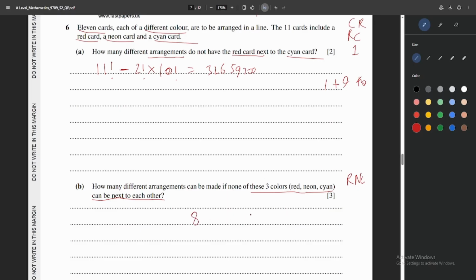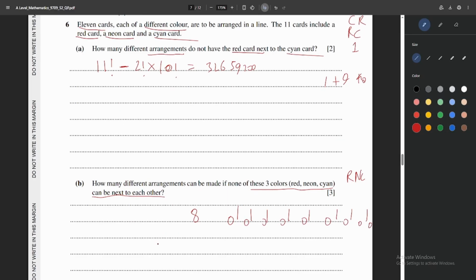We arrange the 8 colors, 1, 2, 3, 4, 5, 6, 7, 8, and then place the 3 cars in the gaps in between, and that will make sure that they are never next to each other. So this method gives us, first of all, 8 factorial, placing these 8 cars. Then we have 9 gaps, and among them we choose 3.